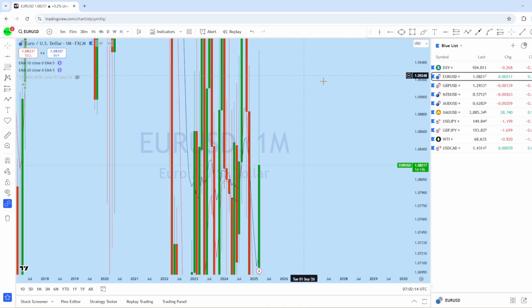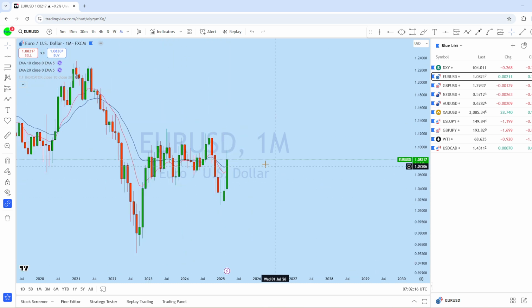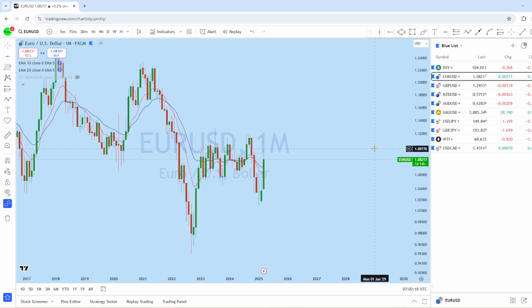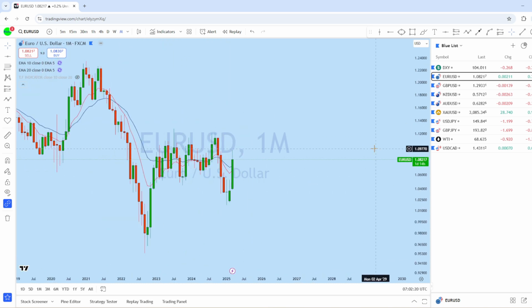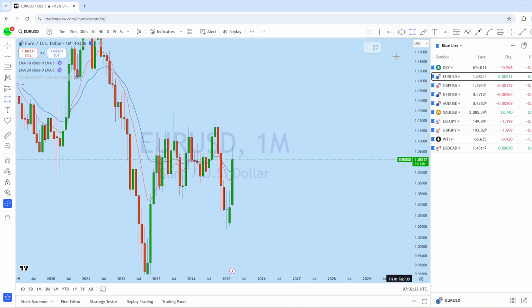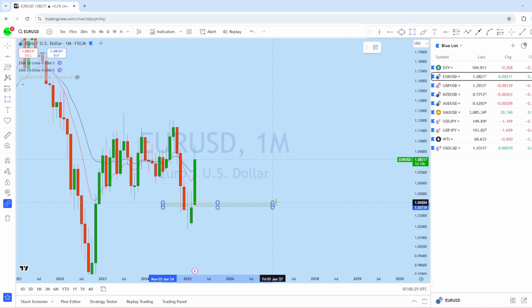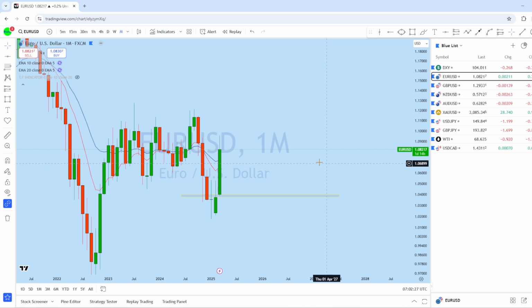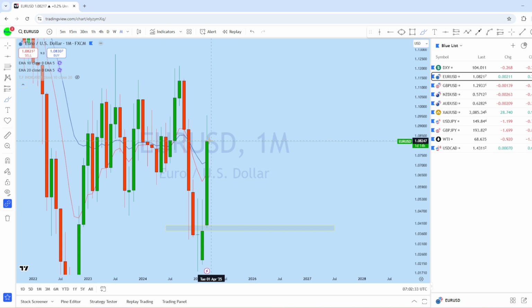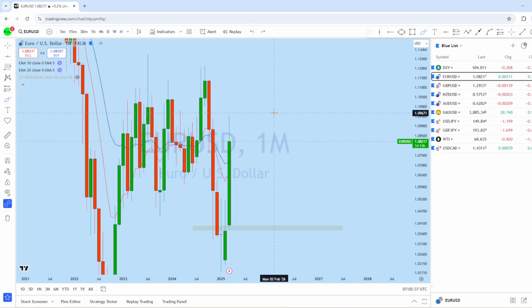If we look at the monthly on euro dollar, we can see that monthly price action is showing so far a stronger bullish impulse. We saw that there was a gap open here on the monthly on euro USD, and with that gap open, this is the monthly bullish impulse, and we can see that from that level the price made its move to the upside with a stronger momentum here.